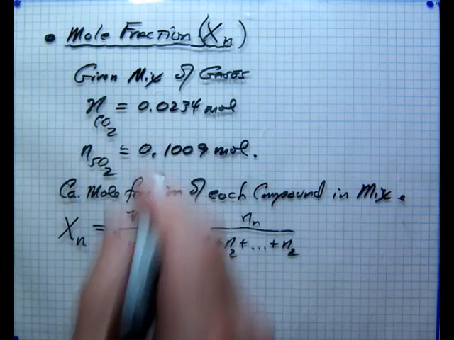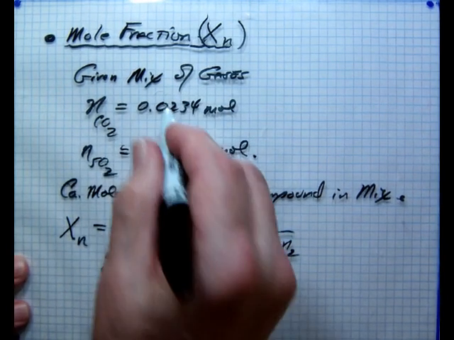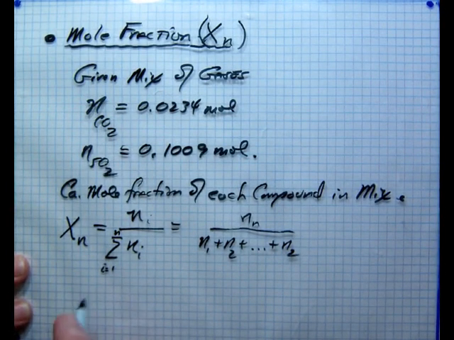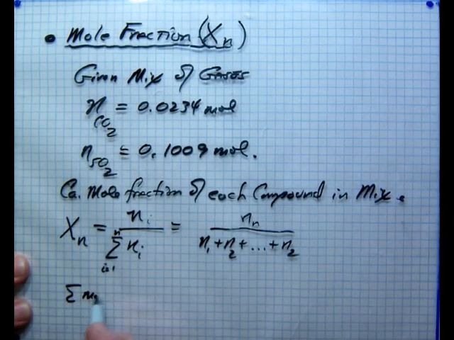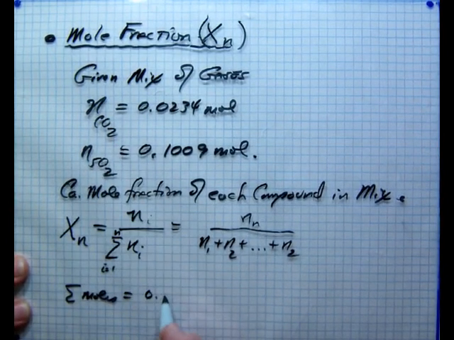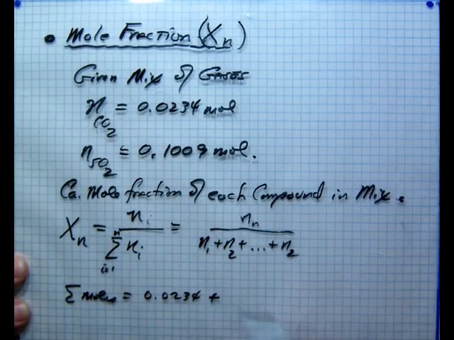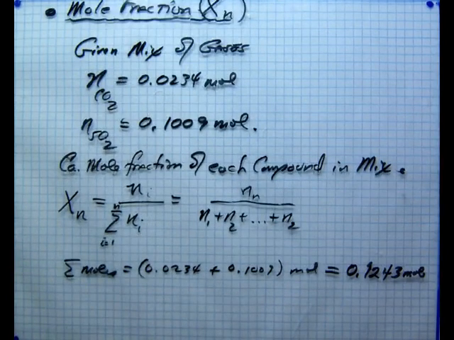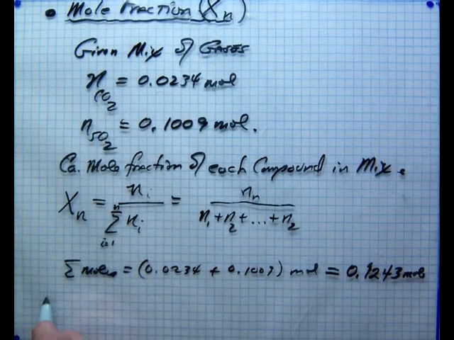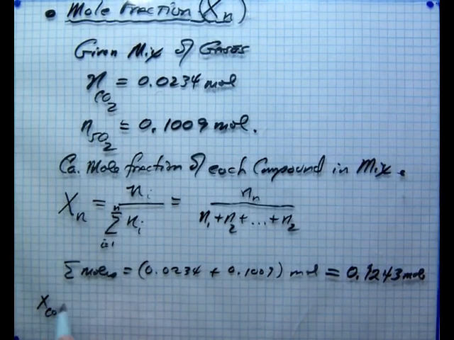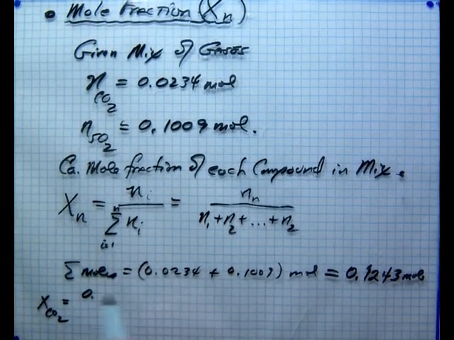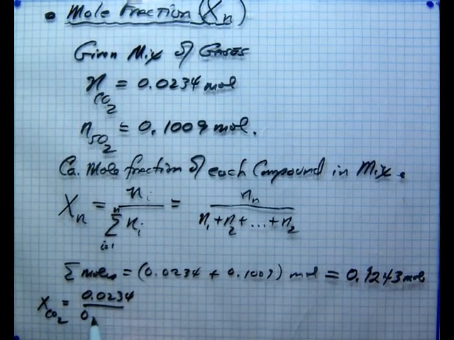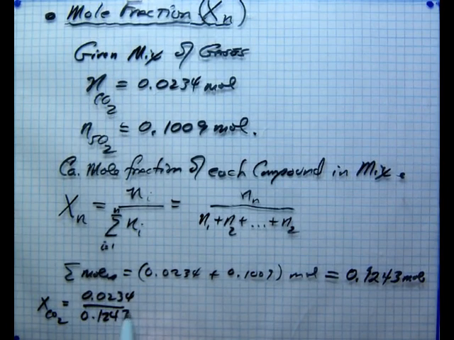For the case here, we have moles of CO2 and SO2 in a container. So the sum of the moles is simply 0.0234 plus 0.1009 mole. They now want the mole fraction of CO2, so it is 0.0234 divided by 0.1243.